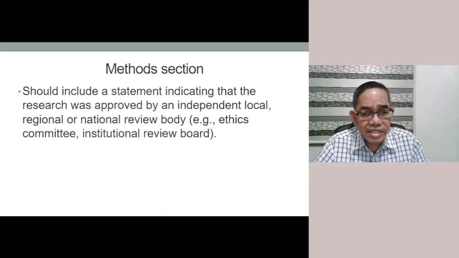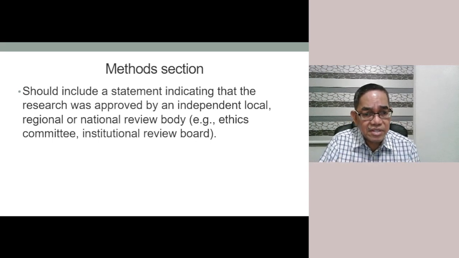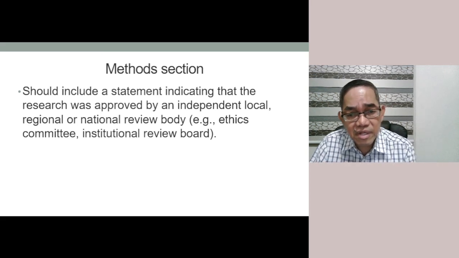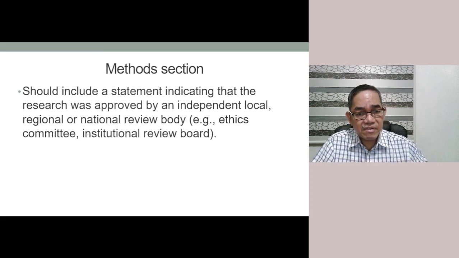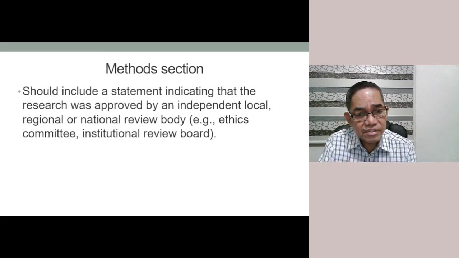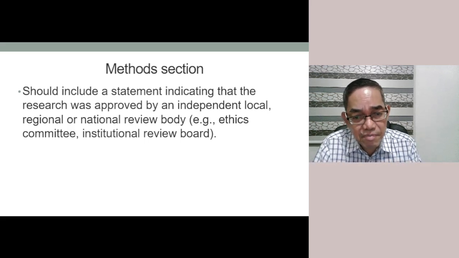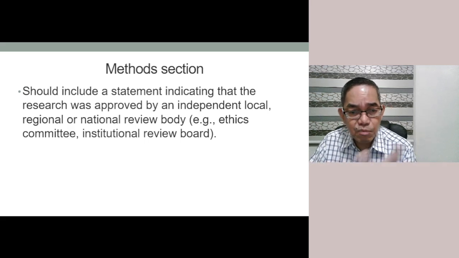And it should include a statement indicating that the research was approved by an independent local, regional, or national review ethics committee, or the institutional review board. Just have to tell that this paper was submitted and approved by this particular ethics board.